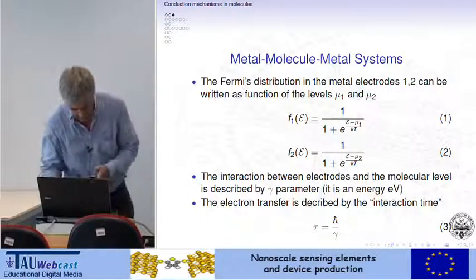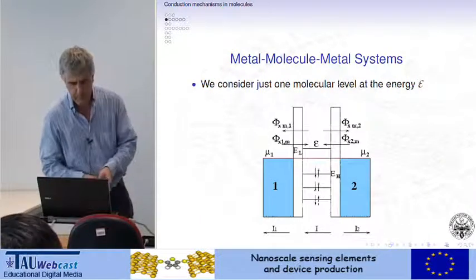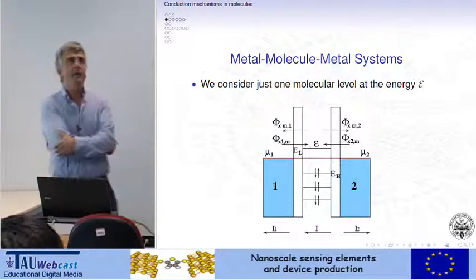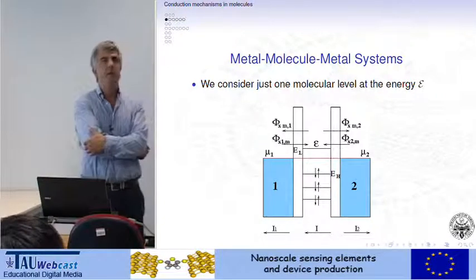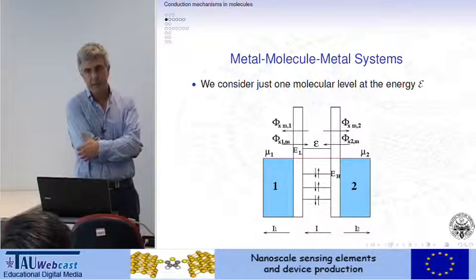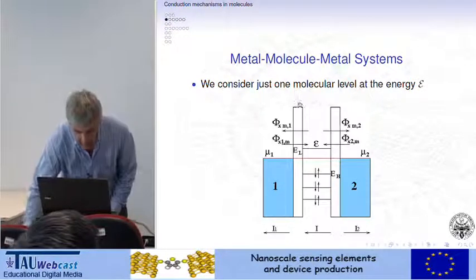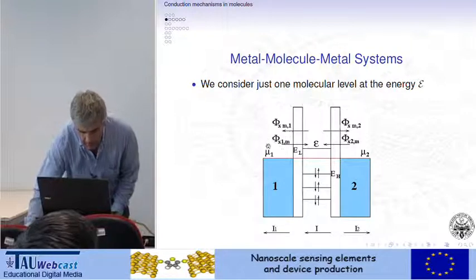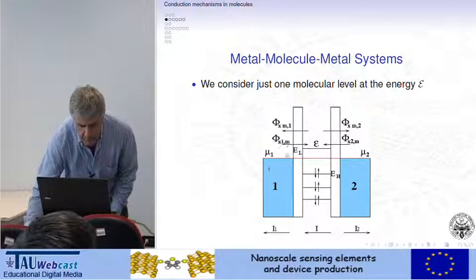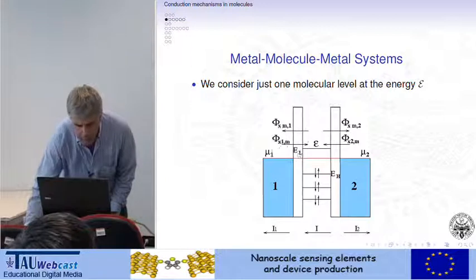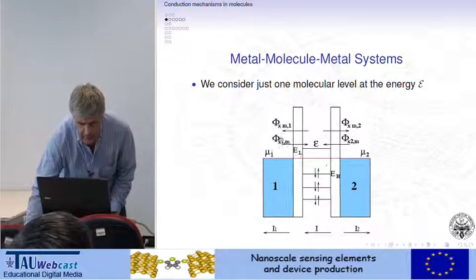A flux can be, in this case, described by using 4 different symbols. So you see that on the left you have a flux from the electrode 1 to the molecule, and the symbol is phi 1 to m.